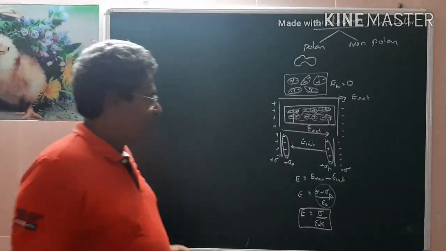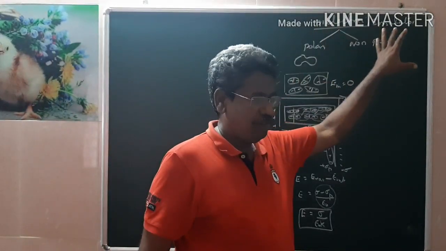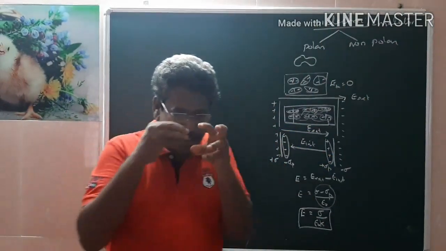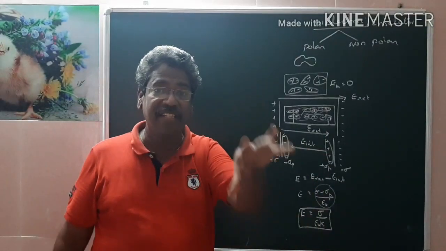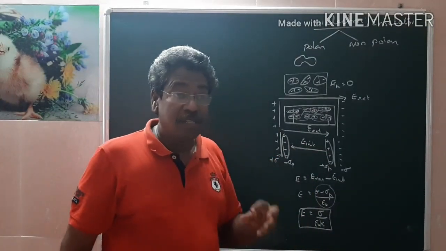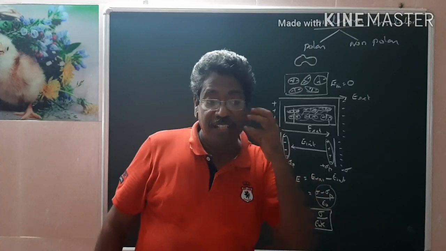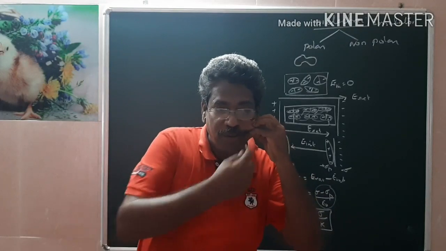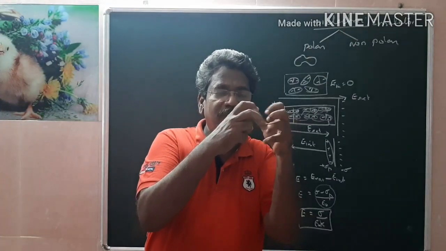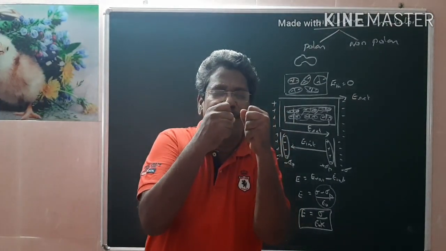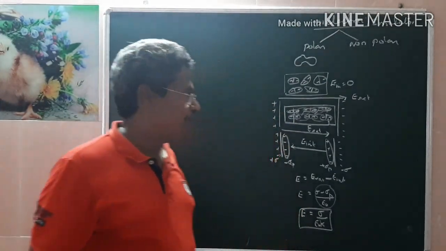Again, I am repeating: a dielectric is an insulator. All electrons are tightly bound; you cannot remove the electrons as easily as in a good conductor. If we apply the electric field, the electrons tend to move but do not come out freely. Therefore, the positive and negative charges of the molecule get displaced by a small distance and form a dipole.